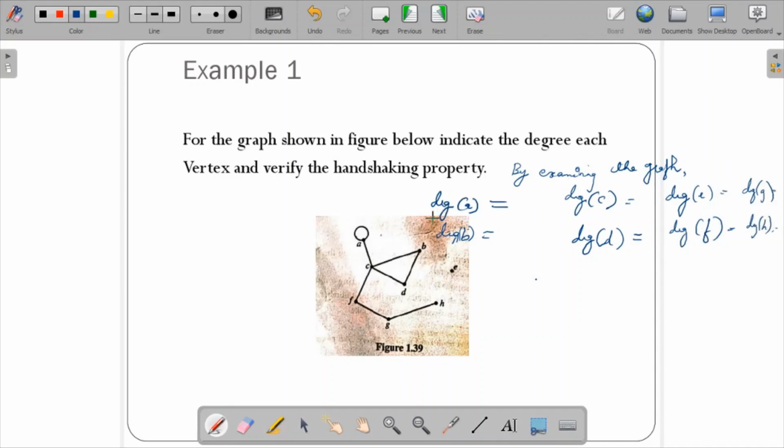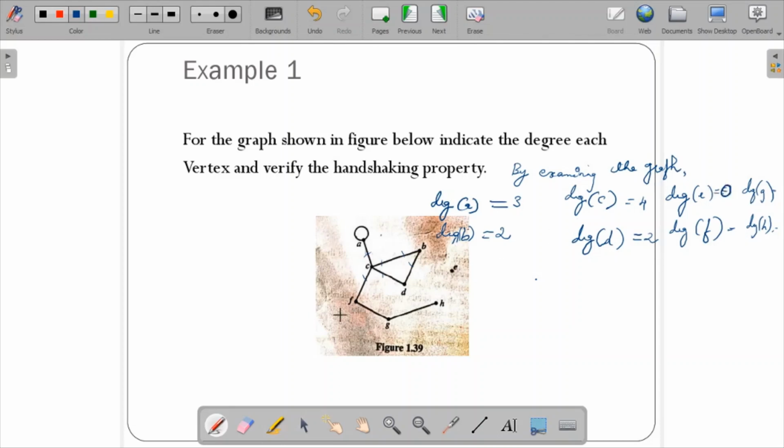So degree of A: for the loop, it is taken as twice. You know the loop count is 2, and then this edge is there, so we are counting it as 3. For B, there are 2 edges, so the degree is 2. For C, we have 1, 2, 3, 4, so it will be 4. For D, it is 2, and E is an isolated vertex, so it is equal to 0.